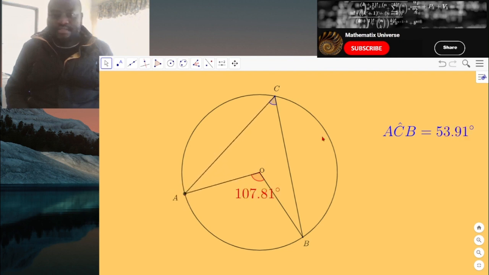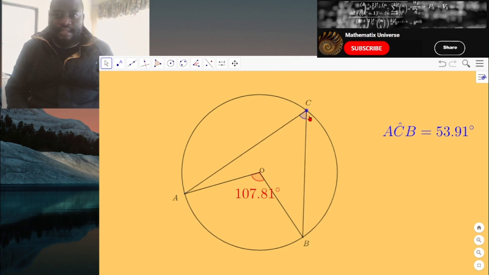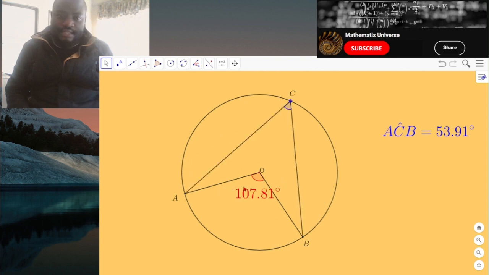Okay, but you see the gist of it. And then if you move this other point, nothing changes. It doesn't matter where that C is, it remains the same value as long as this one does not change. But as soon as we change this one, it changes as well.